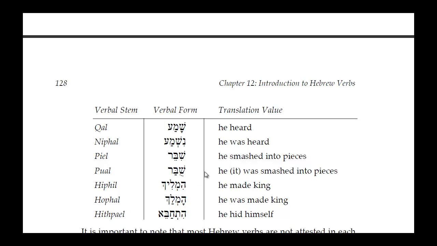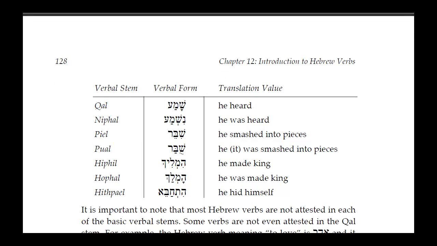Again, it's the passive use. The pual is the passive of piel, as the nifal is the passive of qal. Then we have the hifil: he made king. And the hofal: he was made king, the passive of the causative hifil. Then we have the hitpael, which is the reflexive: he hid himself.